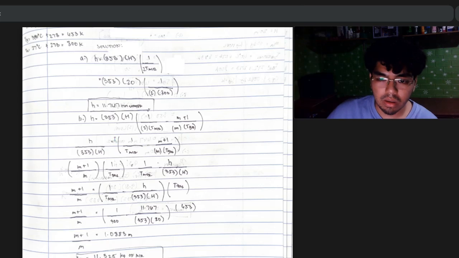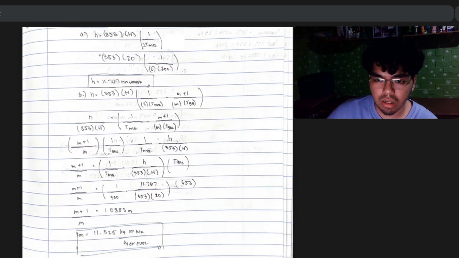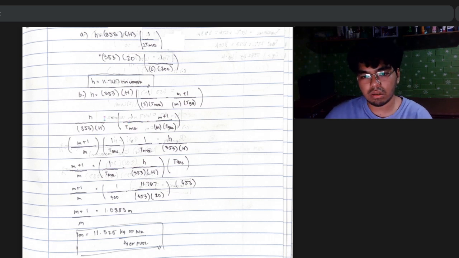So, another formula, H is equal to 353 times height times 1 over 2 times T of air minus M plus 1 over M times T gas, temperature of gas. So, substitute this. Transpose the 353 and the height.